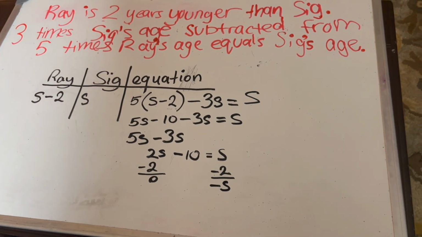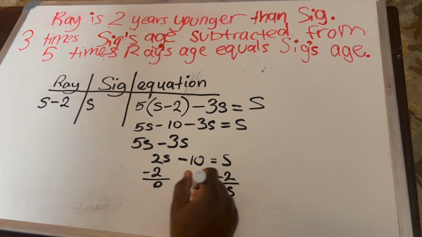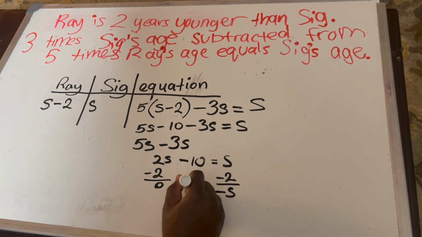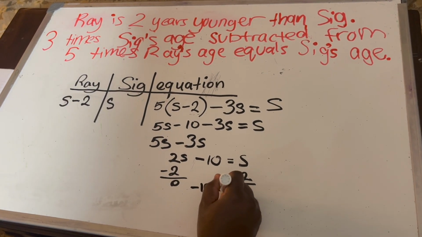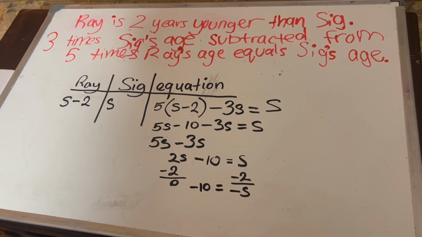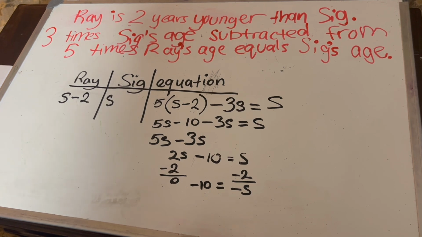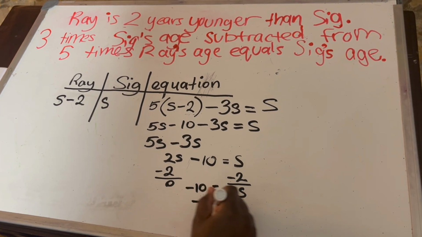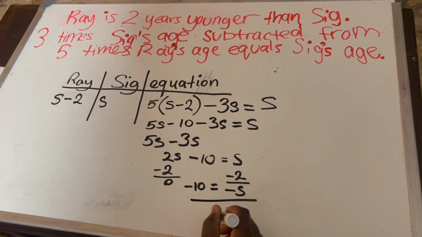Now we're going to bring down our negative 10. And we're going to bring down our equal sign as well. And we're going to divide by that negative s. So we're going to put a line across, have our division, put negative s, or negative 1.